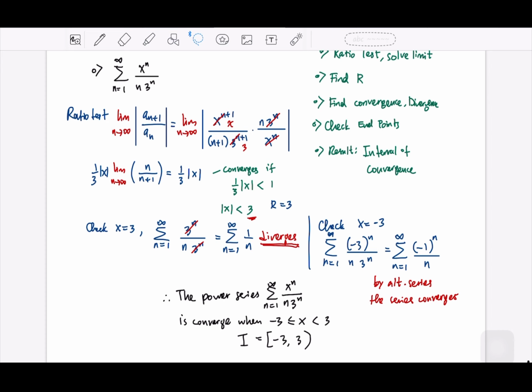So in the next sections, we are going to include all the methods and strategies that we've discussed before, right? Especially for power series, the obvious test to be done is the ratio test. And when you check the endpoints, sometimes you need to use other methods from the previous sections, like the alternating series test, the p-series, the geometric series, and so on and so forth.